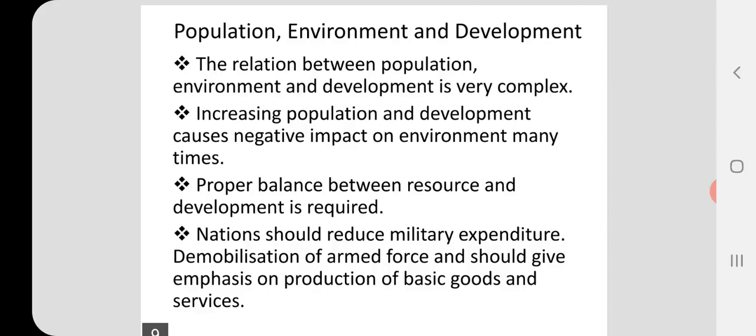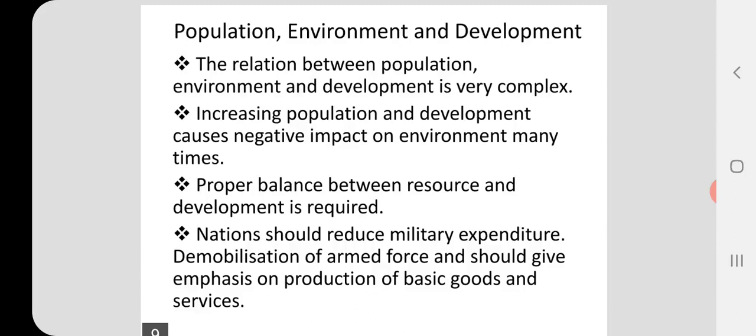If the population rises, environmental degradation also arises with the rising population, and development also causes environmental problems, environmental degradation. Generally, we know that with development, environmental degradation may slow down, but actually with development various environmental problems arise.